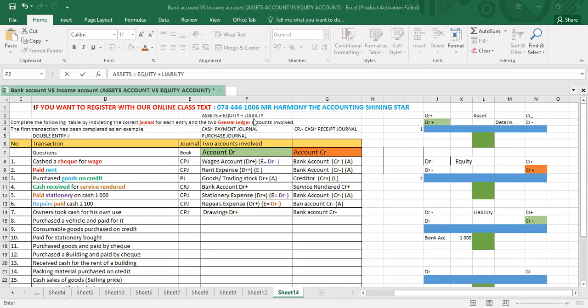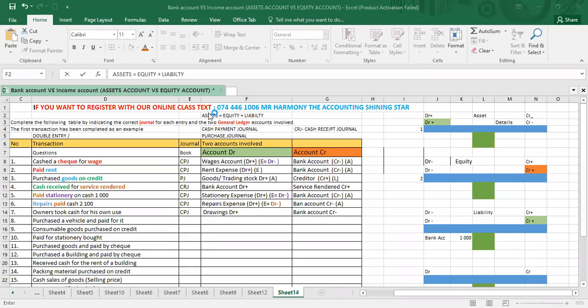Any money that you owe to a third party, the external parties, the other businesses outside your business, we call that a liability. I think I've overemphasized the liability. Any money that you owe to someone else is a liability, right?